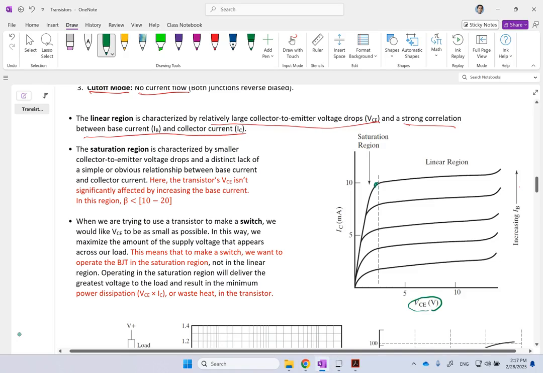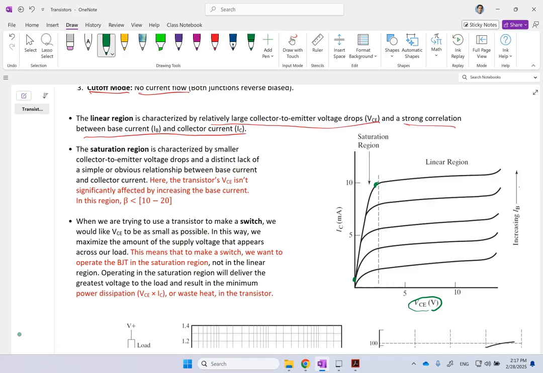As I go from this point to this point, all VCE is changing is only this much, as opposed to this much in the linear region. So here, clearly, the change in the voltage across the collector emitter is not big. It's very small drops.